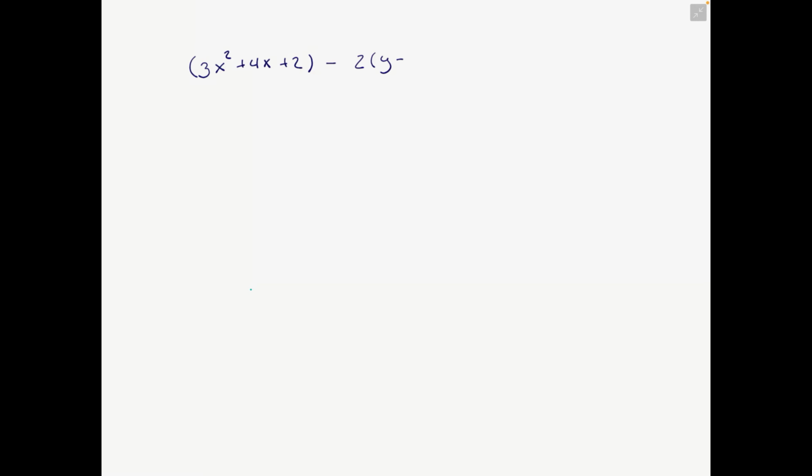We have 3x squared plus 4x plus 2 minus (2y minus 1) dy/dx. So this is M and this is N, and you can see here it's a very simple situation.